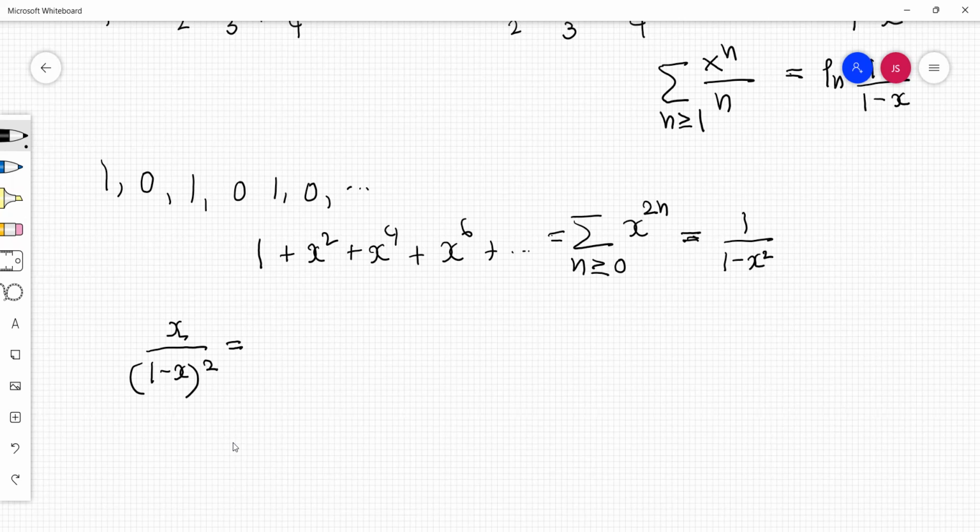These are some tricks to generate power series. Actually, you can get this function by differentiating which? What about this: d by dx of 1 over 1 minus x.